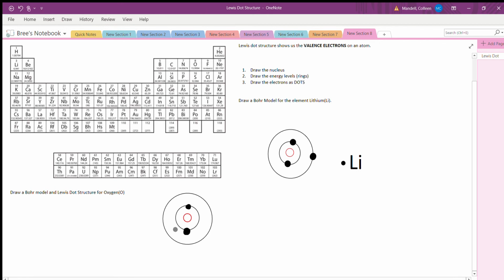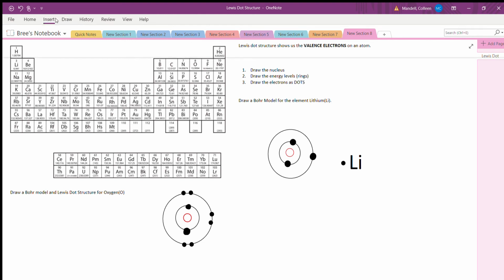It fills up after 2 and I work my way out. I've got 8 total. 8 minus 2 is 6, so I need 6 more. 1, 2, 3, 4, 5, 6. Great. Let's really quick do our Lewis structure.